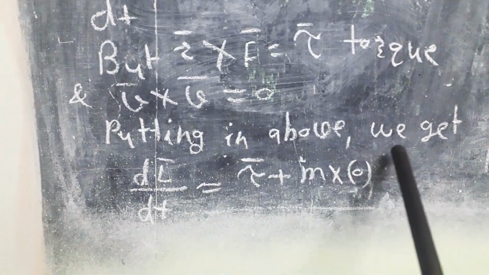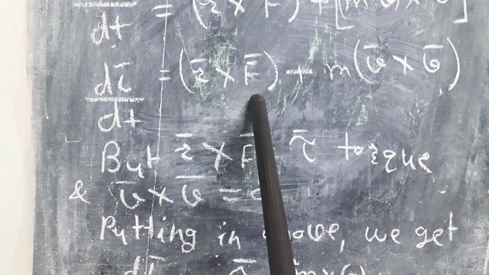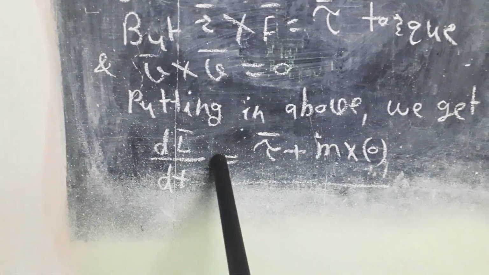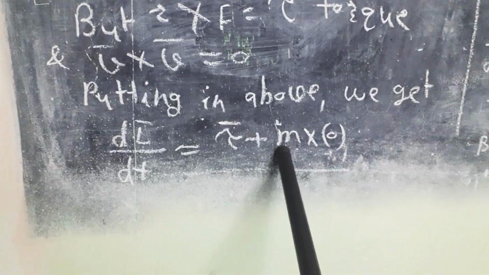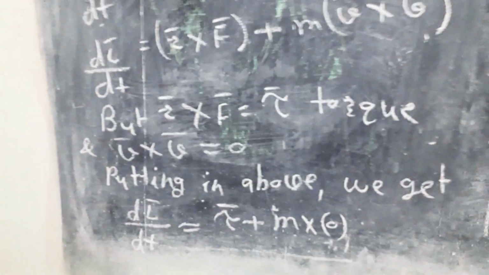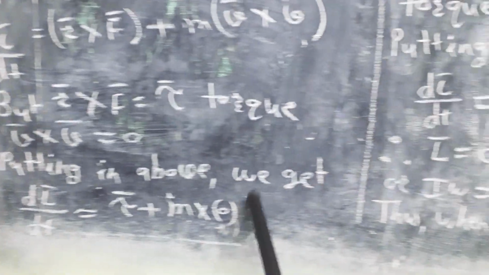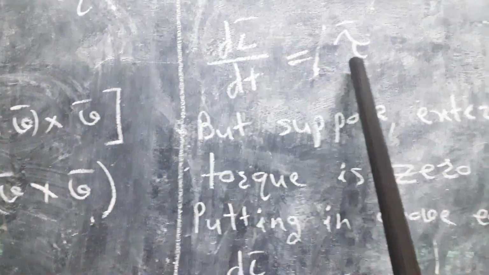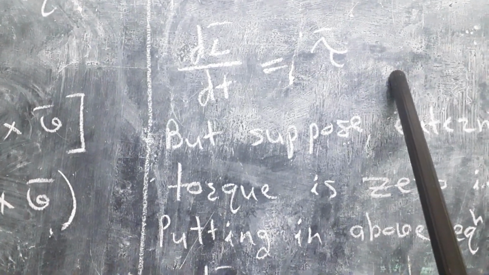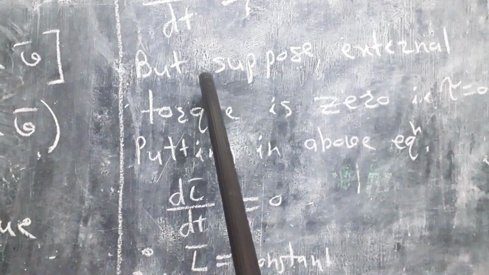Putting this in the above equation, in place of this we write torque tau, and in place of this we write 0. So we get dL by dt is equal to tau bar plus m into 0, that is, tau bar plus 0. This term is 0, so we can neglect it.